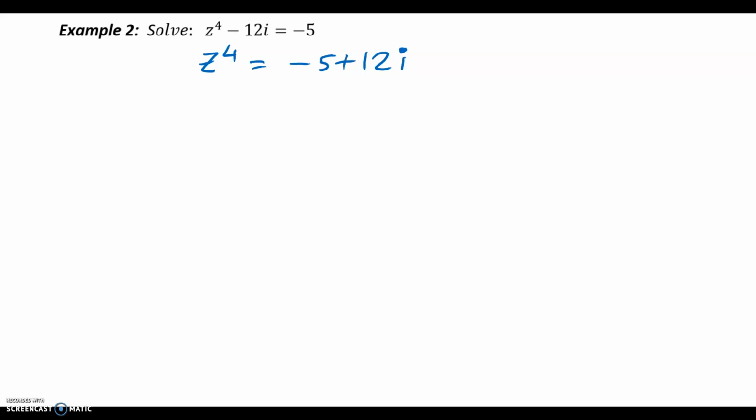Now, in this situation, if I rewrite the right-hand side in polar form, then I can apply de Moivre's theorem. So that's what we're going to do. Always remember to rewrite your right-hand side in polar form.